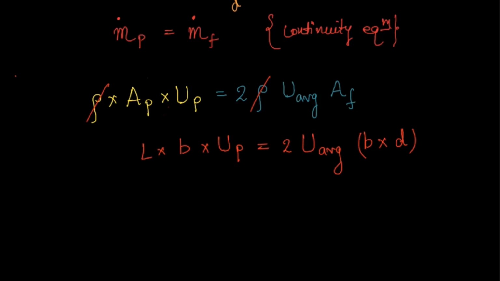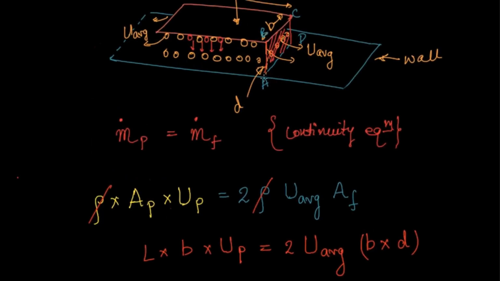Let's see in the diagram for better understanding. Area ABCD will be given by b into d, because we have assumed BC to be b. The area of the plate, AP, will be equal to the length L into b, which is what we have written here.